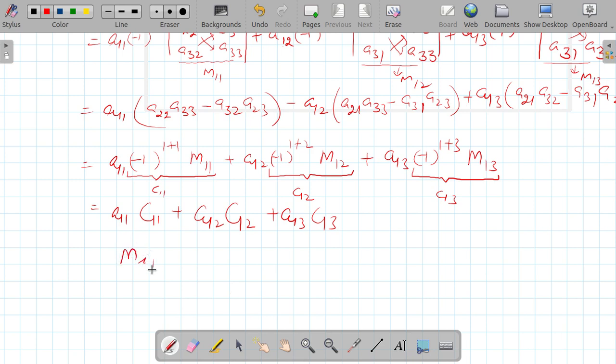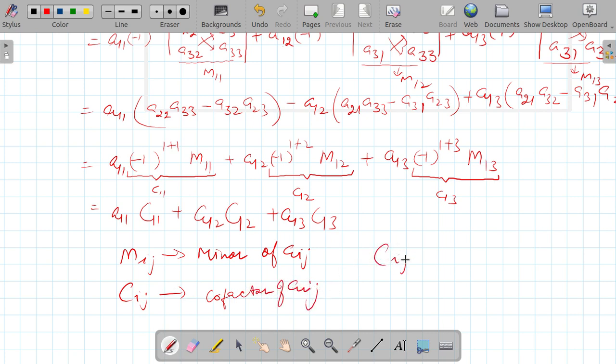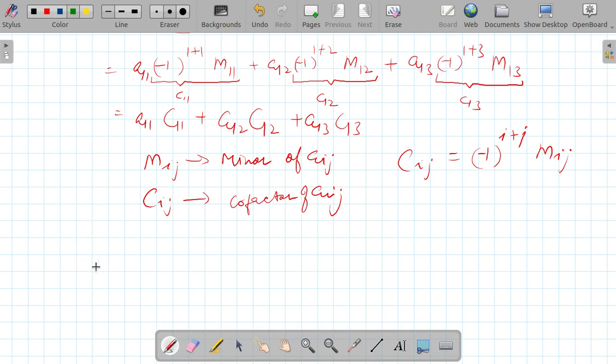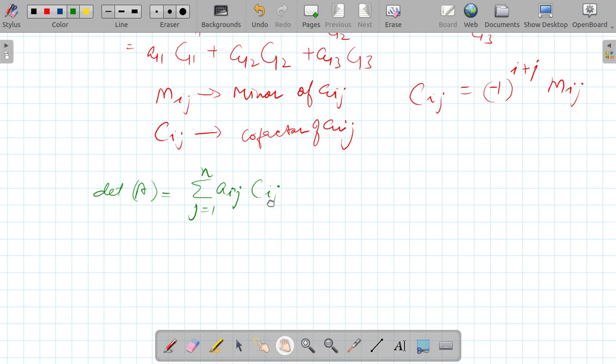So Mij is known as the minor of the ijth element, and Cij is known as the cofactor of Aij, and Cij is equal to minus 1 raised to power i plus j times Mij. Therefore the determinant can be written in general form: the determinant of a matrix A is equal to the summation over j from 1 to n of Aij Cij, and I have defined how Cij can be written.